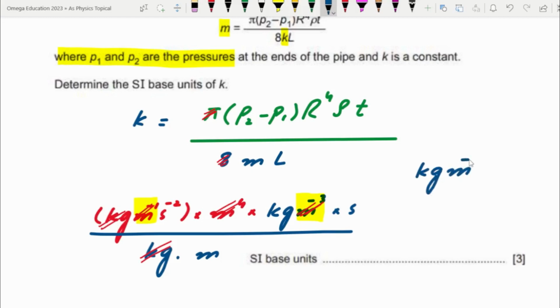M minus 1 was remaining because you have this meter downstairs, so you can write it as m raised to the power minus 1. Then you are left with two units in terms of seconds. One is s power minus 2, the other one is s, which is raised to the power 1. If you combine these two, minus 2 plus 1 would be minus 1. So kilogram per meter per second.